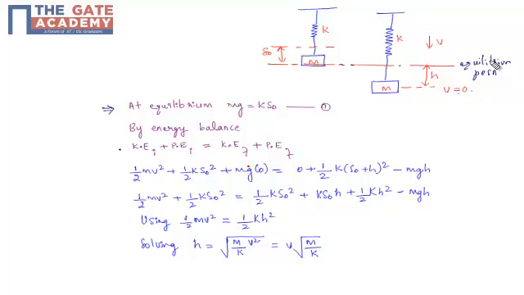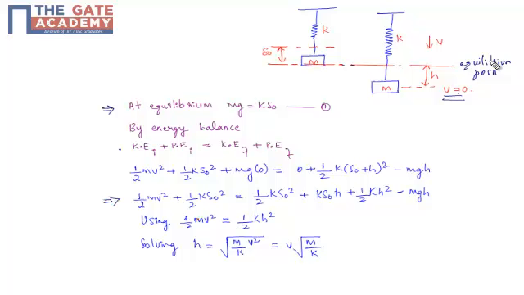So the initial potential energy will be 0, and the final kinetic energy will be 0 because the final velocity is 0, and the final potential energy equation is half k into (s0 plus h) whole square minus mgh. The potential energy is negative because the distance h is below the equilibrium position. By solving this, we will get this equation.